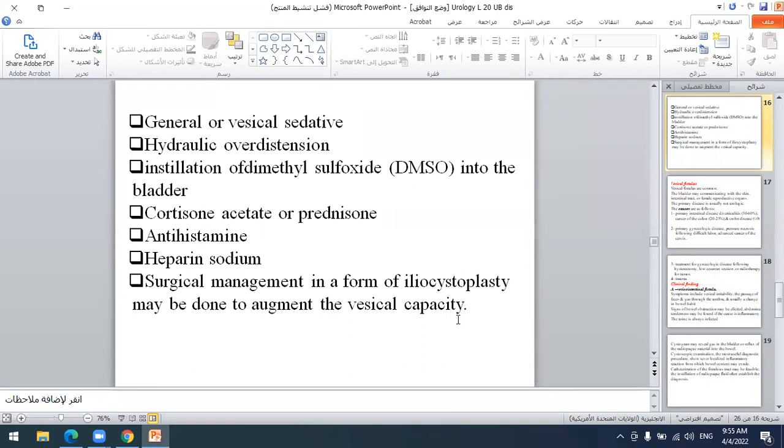Also frequency may reach 20 times per day.